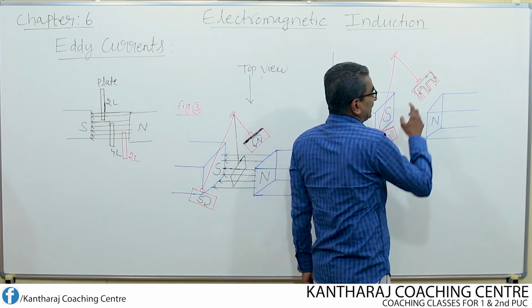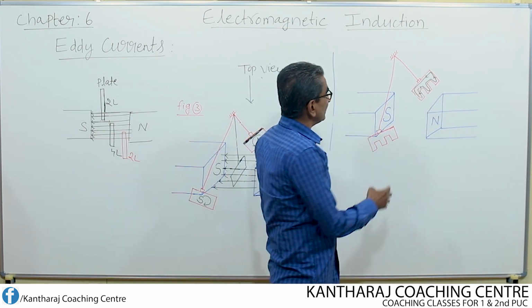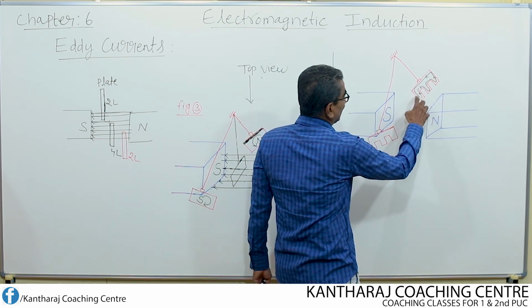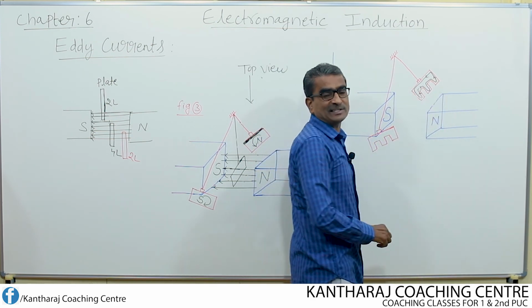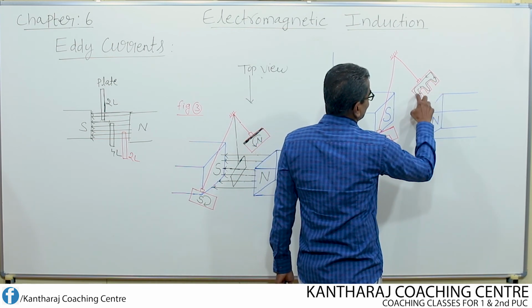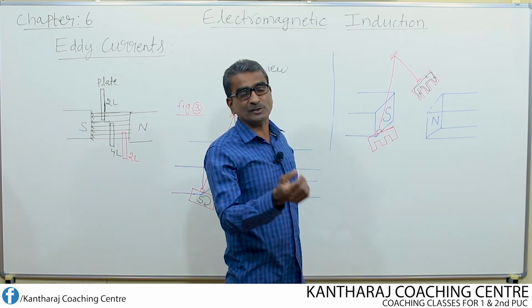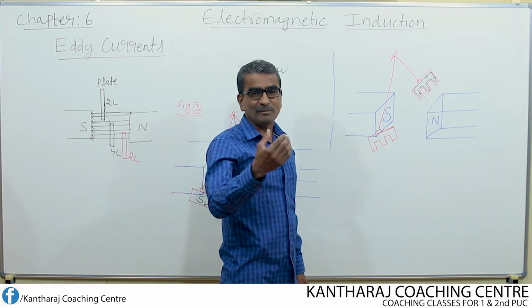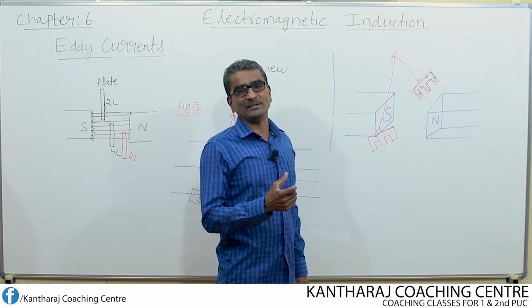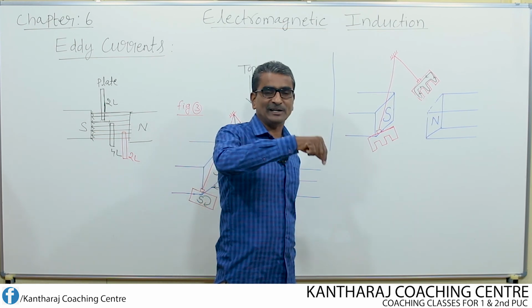Length travelled by the eddy current increasing means the electron has to travel a greater distance. Electron, while travelling a larger distance like this, faces opposition. That means there will be I resistance. Because of I resistance, what happens? Now the eddy current reduces.